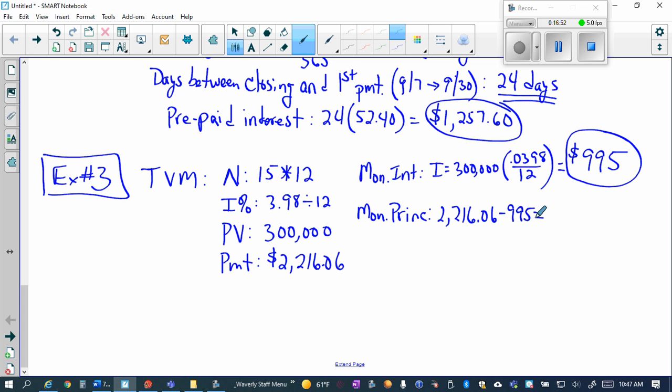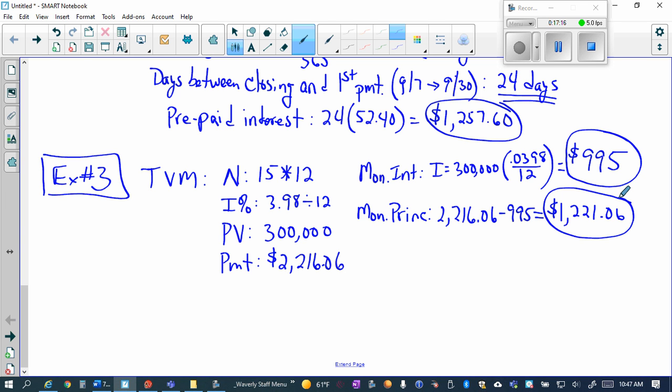And the rest will be the principal part of that. And that's $1,221.06. There we go. So our first payment of $2216.06, the portion of that which is interest is $995. The portion of that which is principal is $1,221.06.